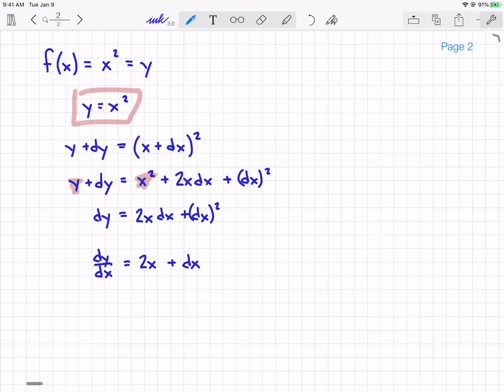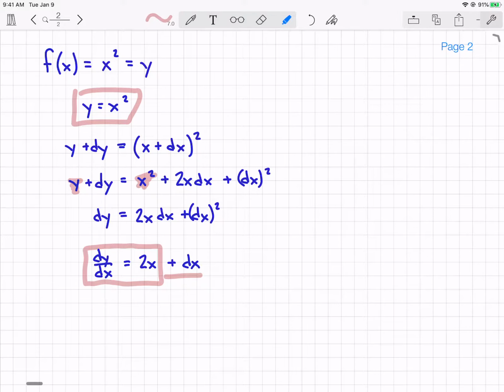Well, dy dx is my derivative, and we all know that the derivative of x squared is 2x. So what about this plus dx? Because dx, the infinitesimally small width in the x direction, is so small, I'm able to just ignore it because it's a negligible contribution to the derivative of x squared, which is 2x.